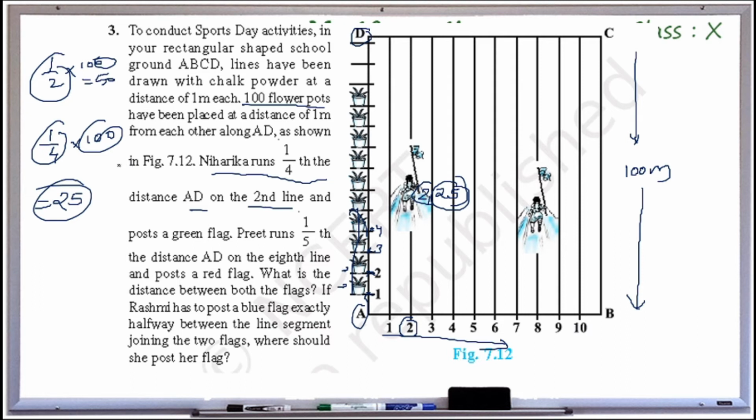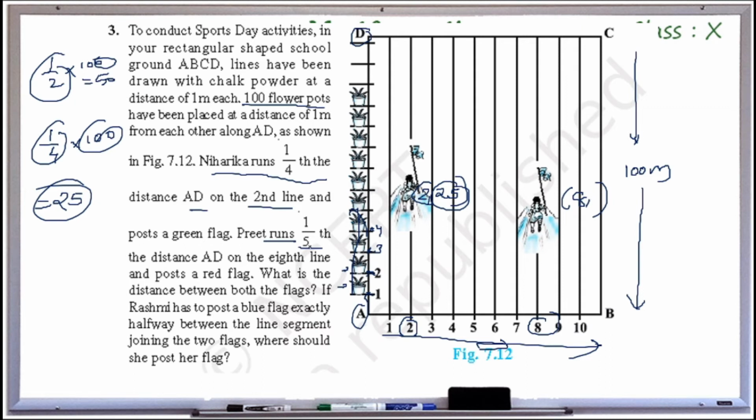So if you didn't understand, you have to pause this video, rewatch again, then you can come back. And you yourself find the coordinate of our second friend, Preet. Here Preet runs 1/5 of the distance at track 8. So the x value is 8. This is the x-axis, so the x value is 8. Now I have to find the y value.